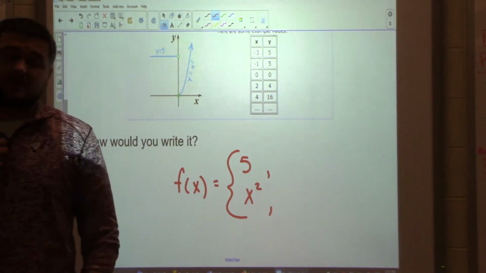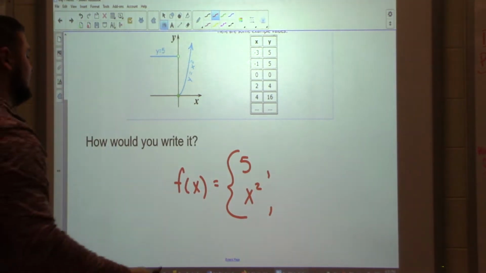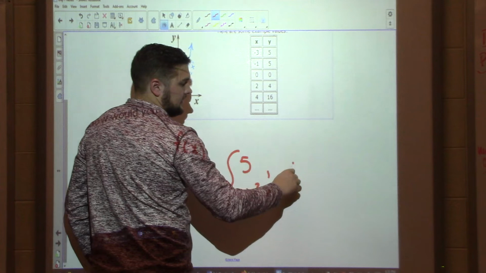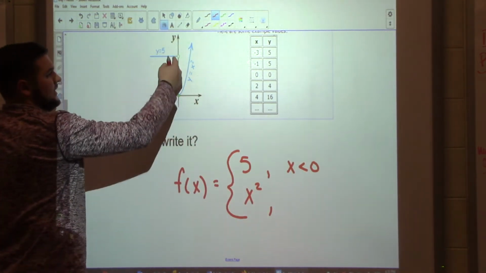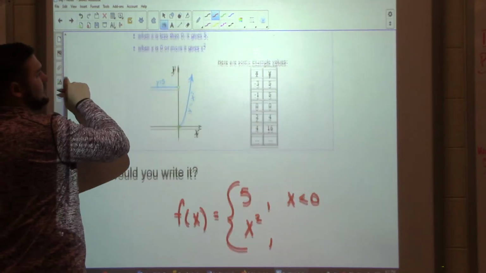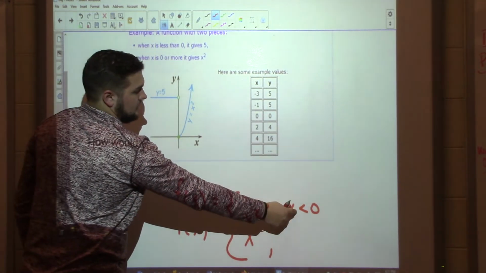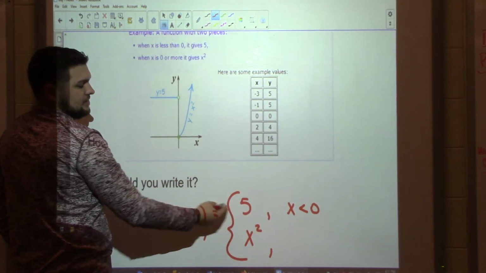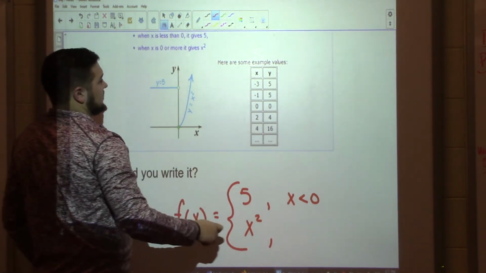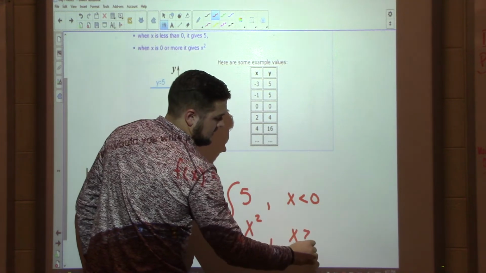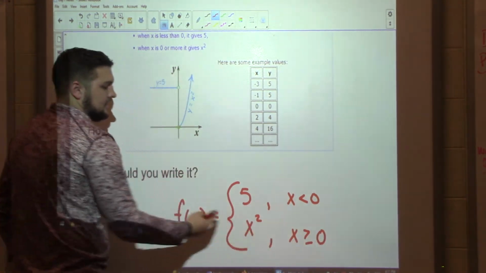I like to put a comma after. You don't have to. You can. So it is 5 when x is less than 0, we said. If it's at that y-axis or to the left, right? When x is less than 0, it gives y equals 5. The second part was when x is greater than or equal to 0, it gives x squared.